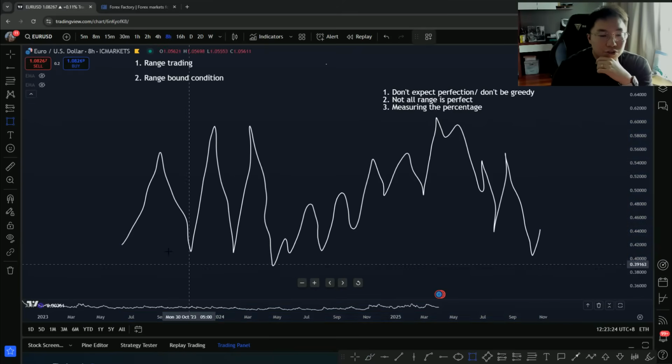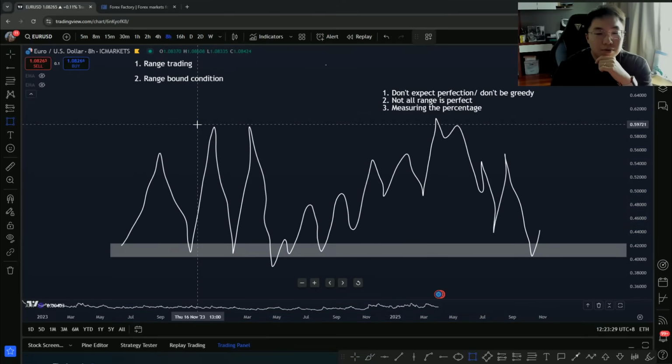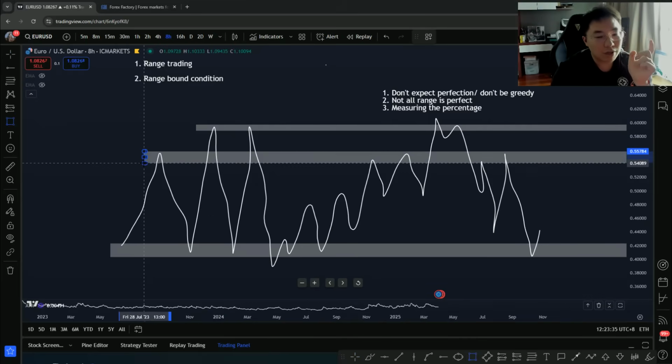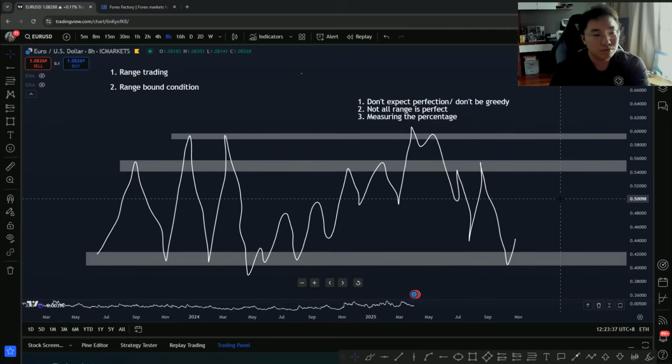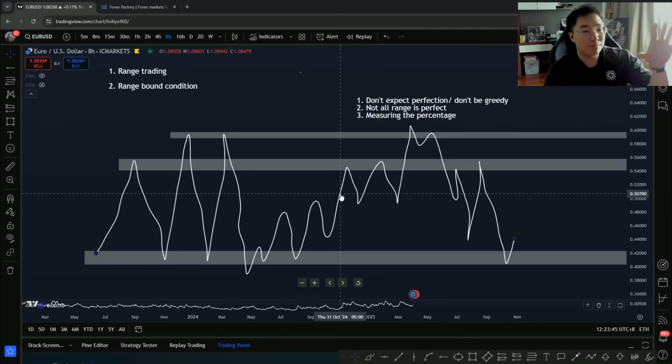Okay, let's assume you have this very ugly range. For the majority of people, they might think, hey, this is so ugly, how can I possibly trade this? But if you know what you're looking for, it is actually not so complicated. If you are unsure about this, while you're watching this video, you can also pull up the Euro Yen chart, and you'll see the exact same thing happening again and again over time.